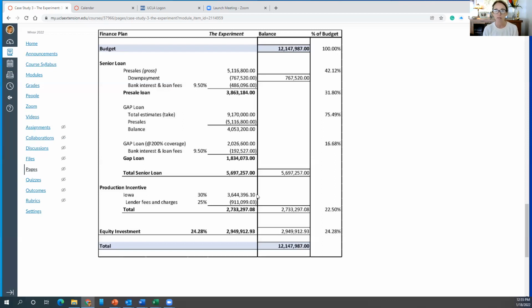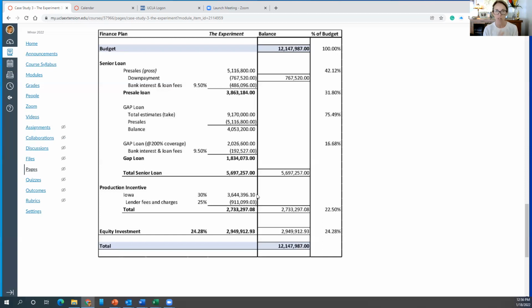I got the incentive up front from a lender, meaning we did a cash flow of what we're going to spend in the region.